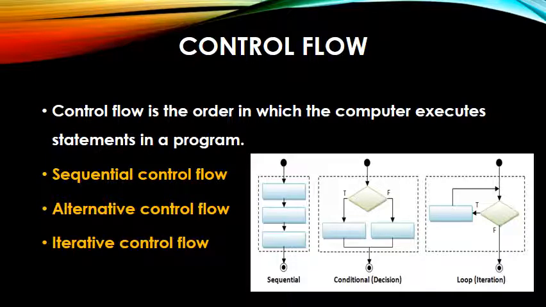Here, a condition of the state is tested, and if the condition is true, then one set of statements will be executed, and if it is false, then other set of statements will be executed. And the last one is iterative control flow. Here the group of statements will be repeatedly executed until it becomes false. So this is about control flow.